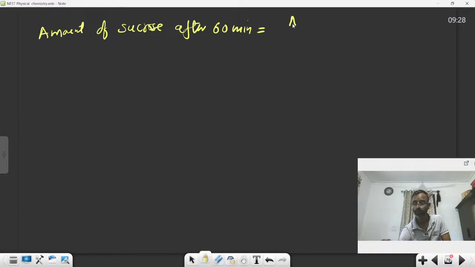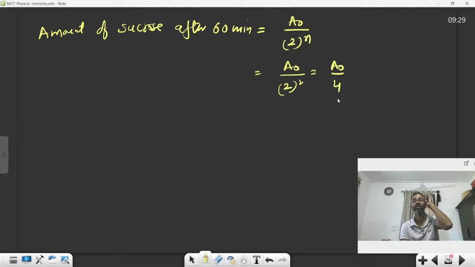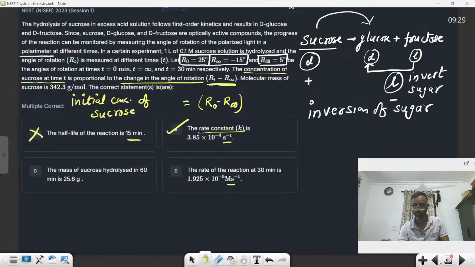So it is A naught by 2 raised to power n, A naught by 2 raised to power 2. So the initial amount divided by 4 is the amount left after 60 minutes. So what is the initial amount? 1 liter of 0.1 molar.